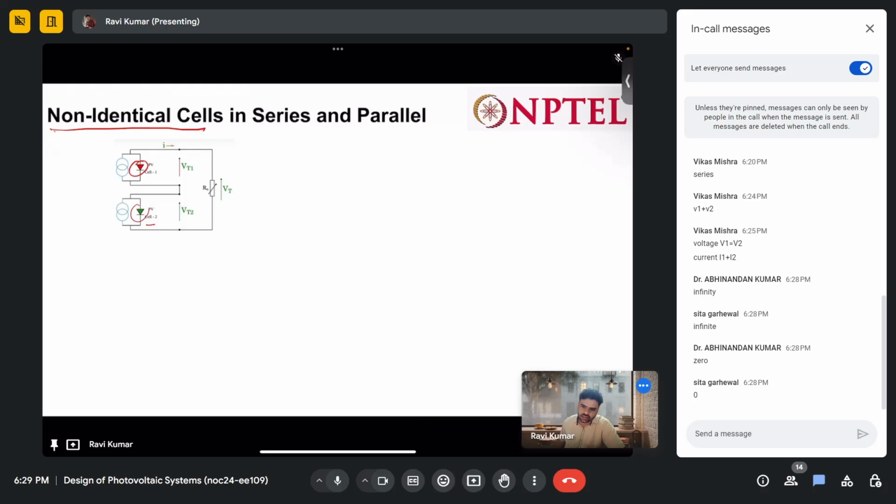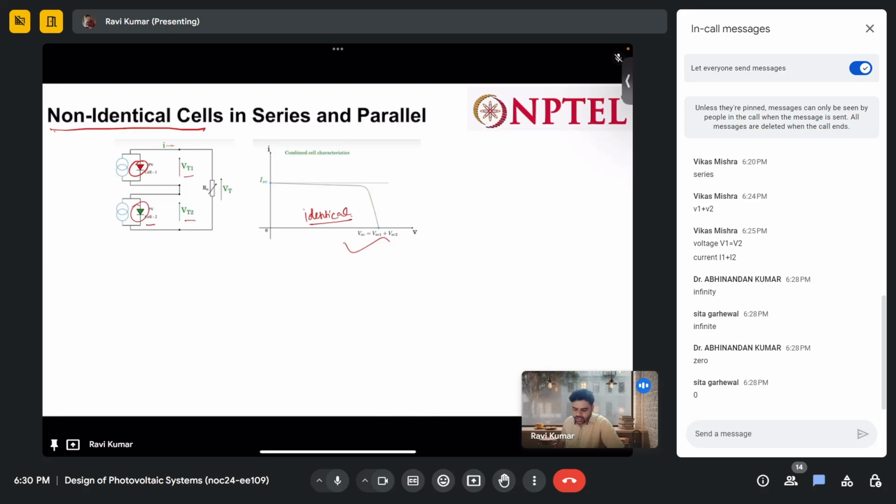Here voltage is VT1, voltage is VT2, and this is the entire circuit. Then the combined cell characteristics should be like this in case of identical solar cells.